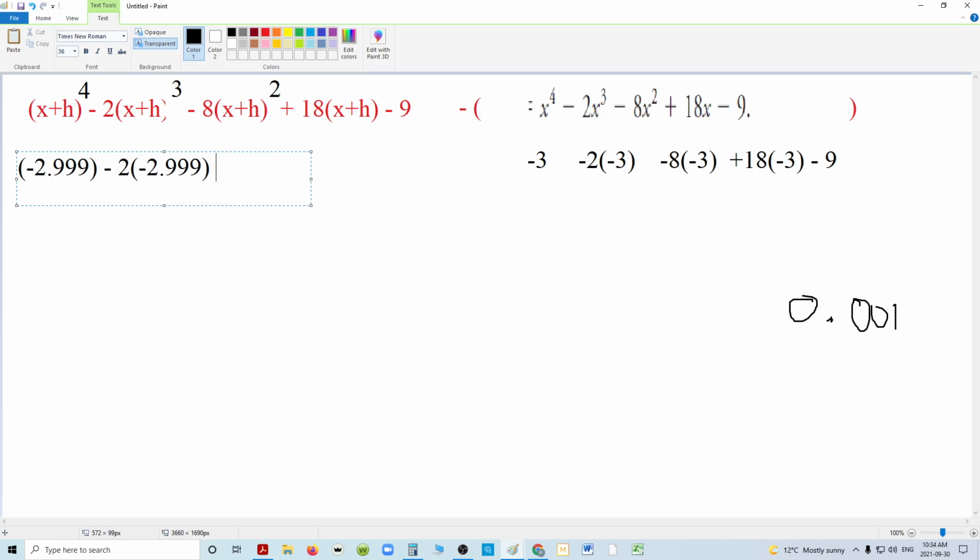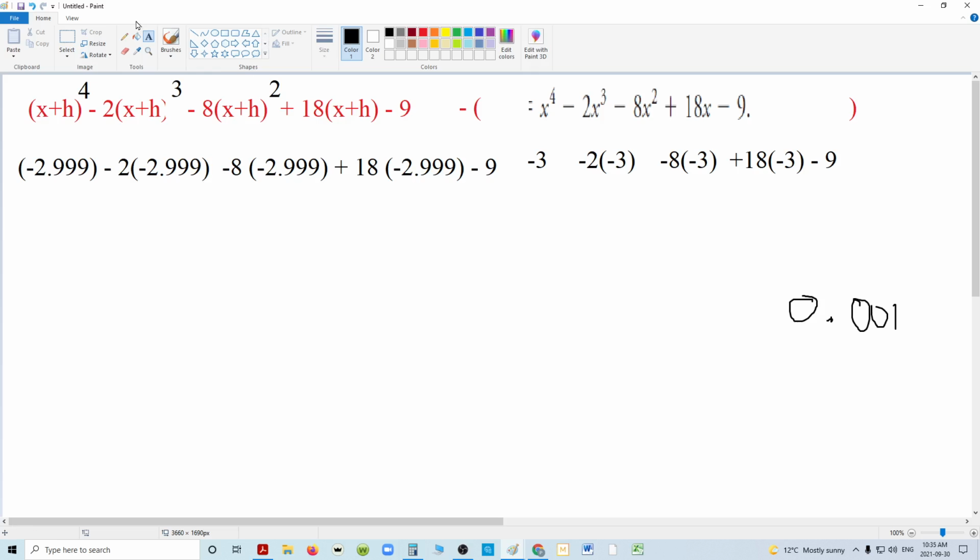Essentially that over and over again. Okay. Also keep in mind that this part here is all in the minus bracket.